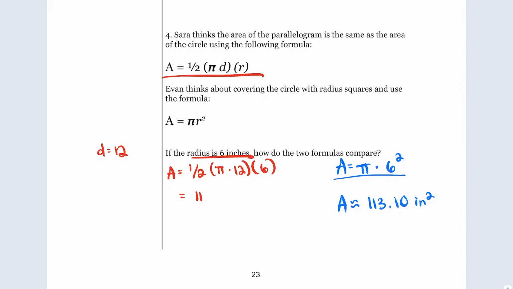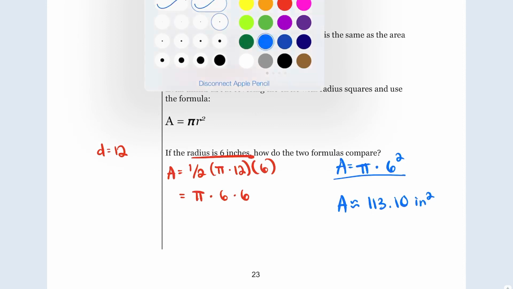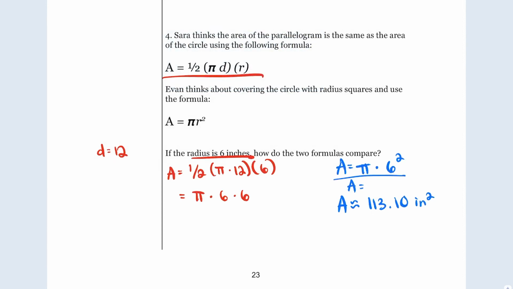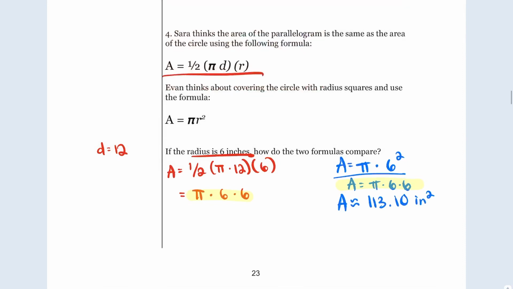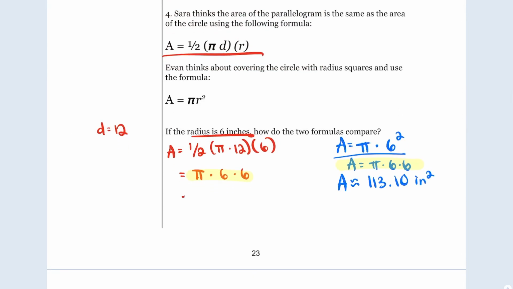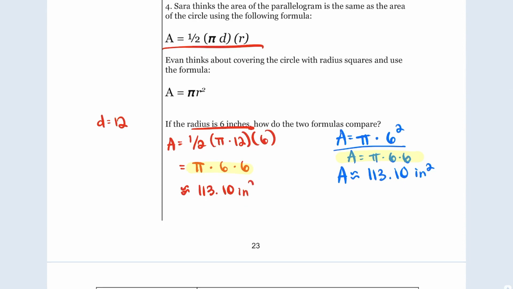So I'm going to rewrite my equation, pi times 6 times 6. In my right side equation, I can rewrite this as pi times 6 times 6. This right here should give it away. These two formulas that these two students came up with are exactly the same, approximately 113.10. We have units, Mr. RG, square inches. And there you have it.